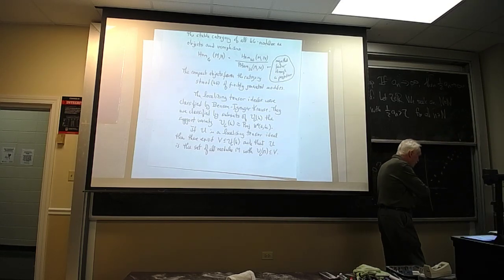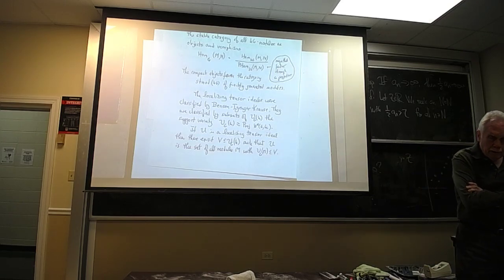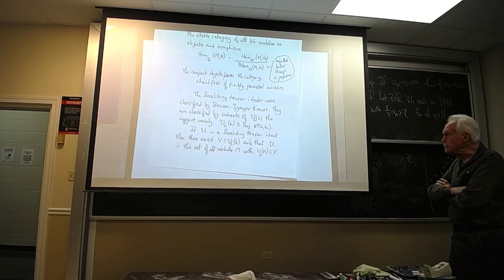The localizing tensor ideals have been classified. It was along the lines of the same classification that we got for tensor ideals among the compact objects. This was done by Benson, Iyengar, and Carlson a few years back. And basically, what we want is subsets.